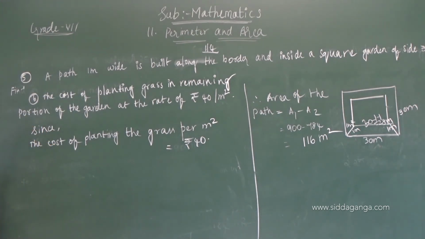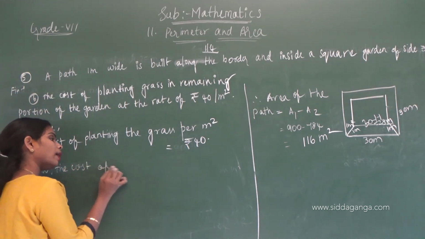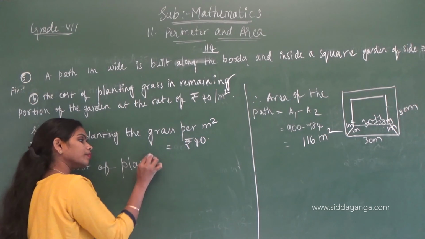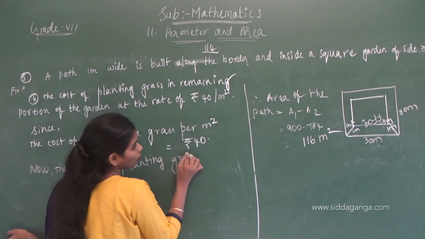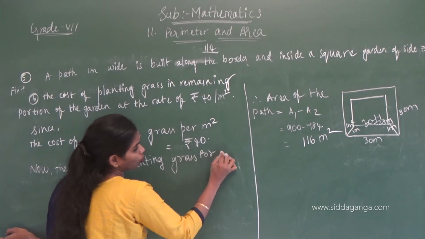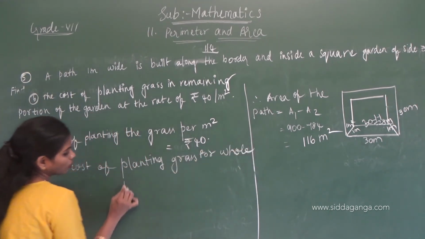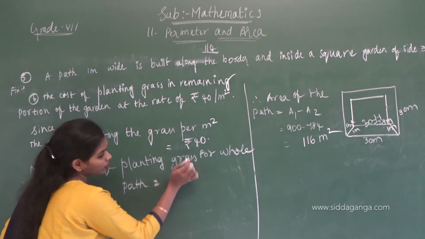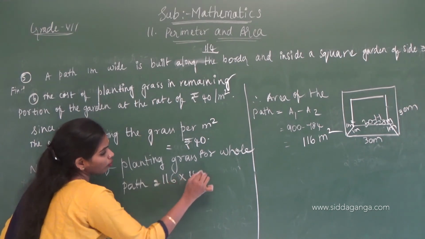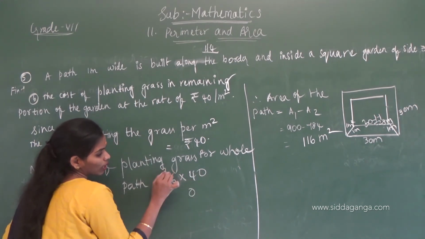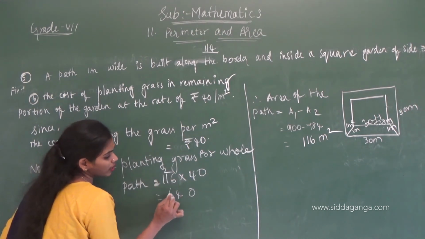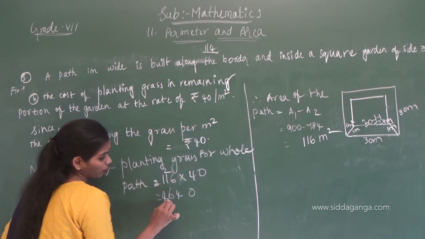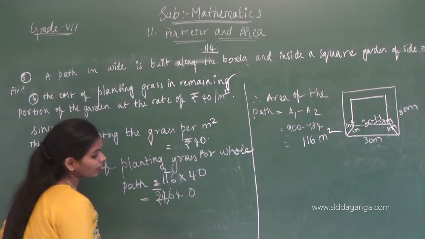You have to find now the cost of planting grass for the whole path, which equals the area of the path into 40. 6 4s are 24, 4 1s are 4 plus 2, 6, 4. What is the cost? 4,640.